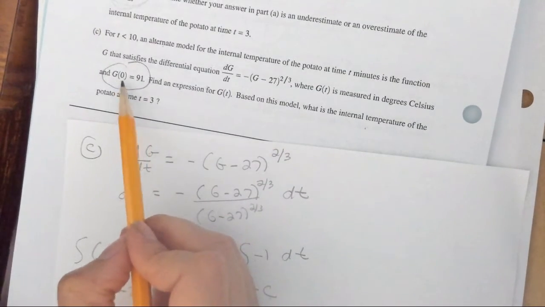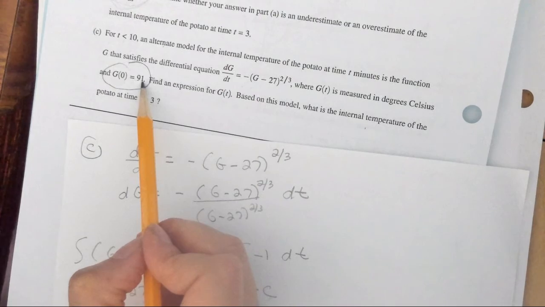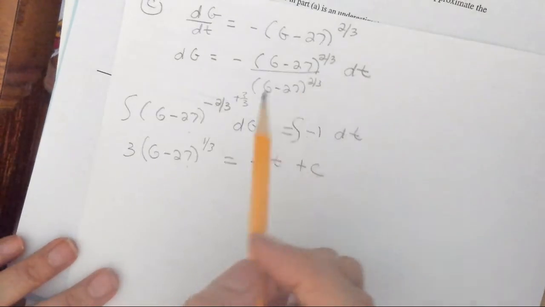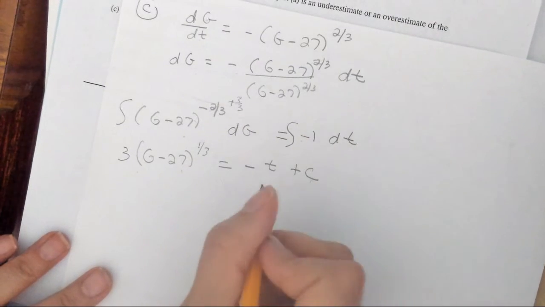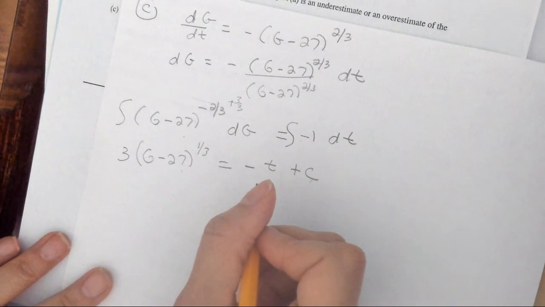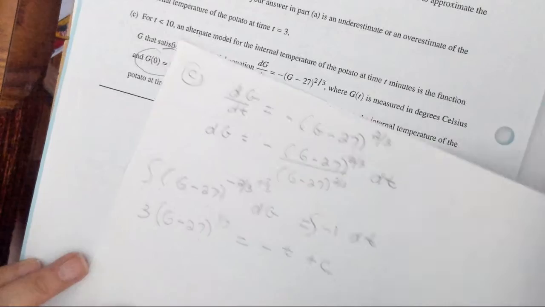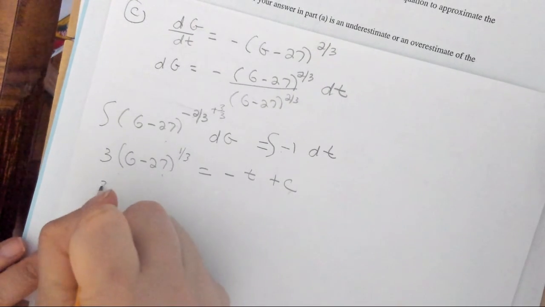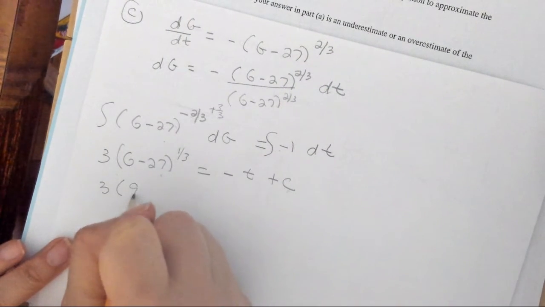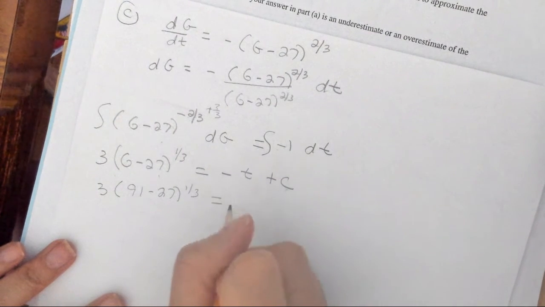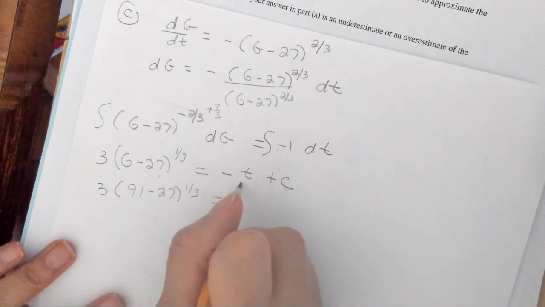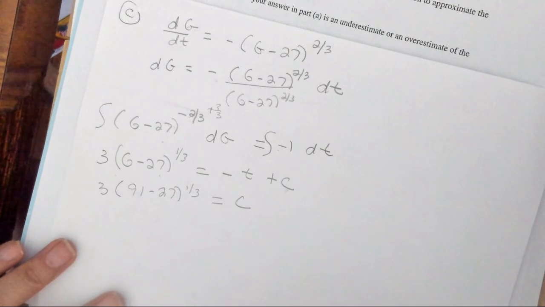Remember, go back to the problem. g of 0 equals 91. That's my initial value. So right away I'm going to plug in where t is 0, g is 91. So 3 times (91 minus 27) to the 1/3 equals, well, this is 0, so this is what C equals.